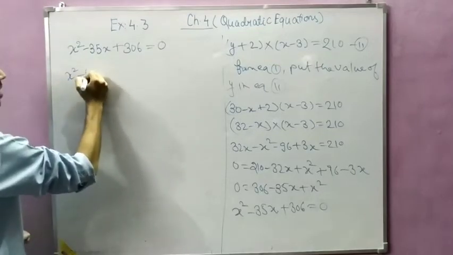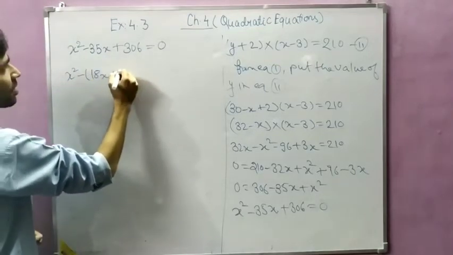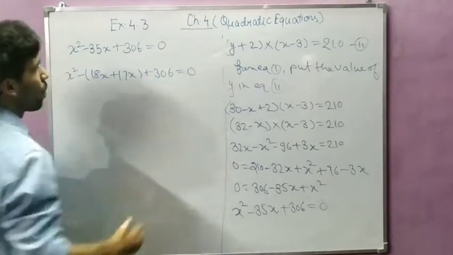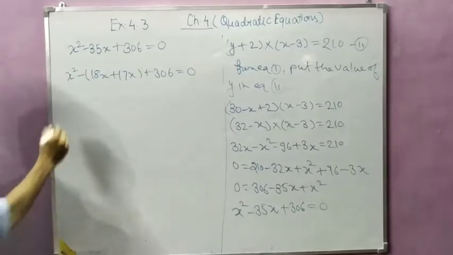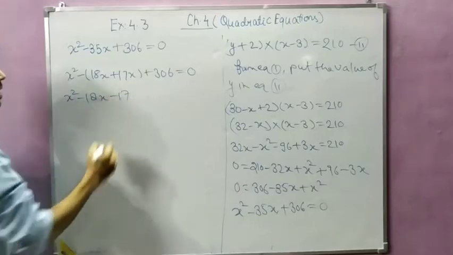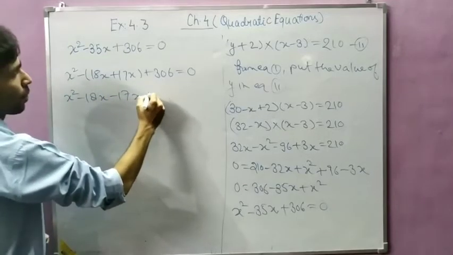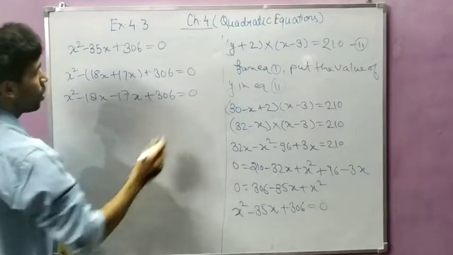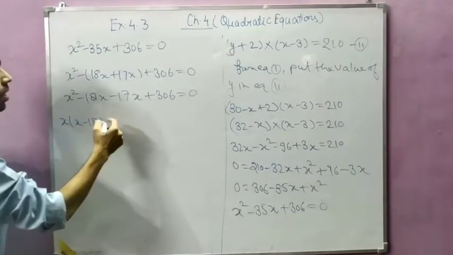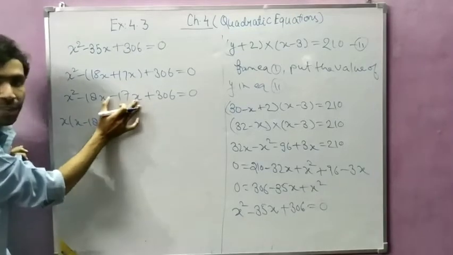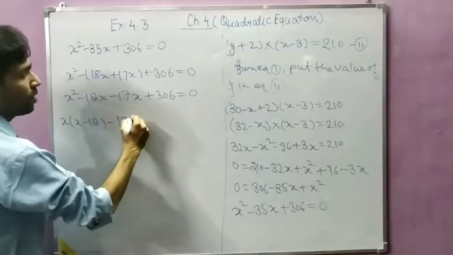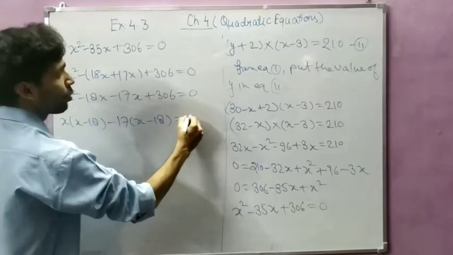So x square minus 18x minus 17x plus 306 equal to 0. Between the first two terms x is common, so x minus 18; between the other two terms, because the term is negative, we take minus as common, and 17 is common, so x minus 18 equal to 0.